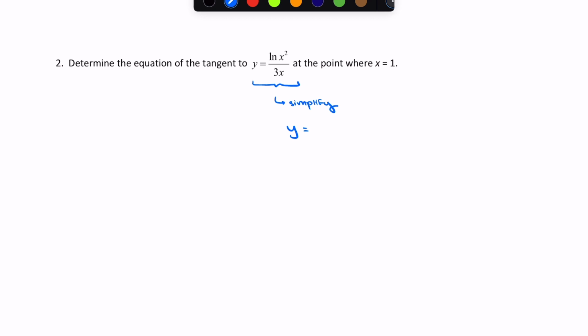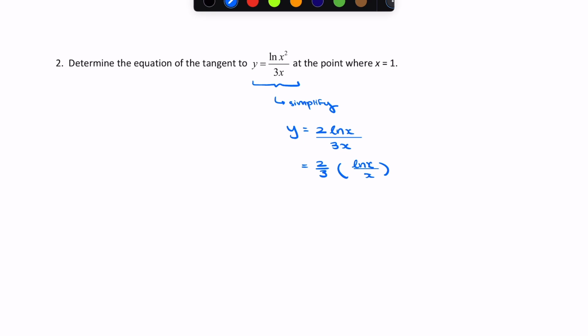Here we have y is equal, we can rewrite this as 2 ln x over 3x. And so here we can rewrite this as 2 over 3 times ln x over x.